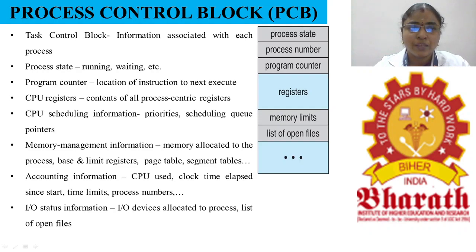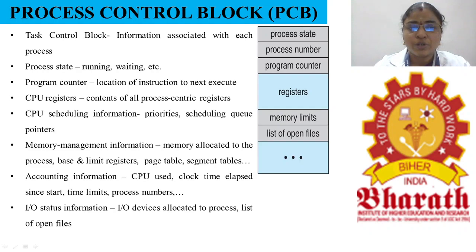Then program counter, which provides the location of the instruction for next execution. Then CPU registers, which contain all the process-centric registers. It may contain accumulator, stack pointers, or any type of registers like index register, base register, depending upon the CPU architecture and the computer system.